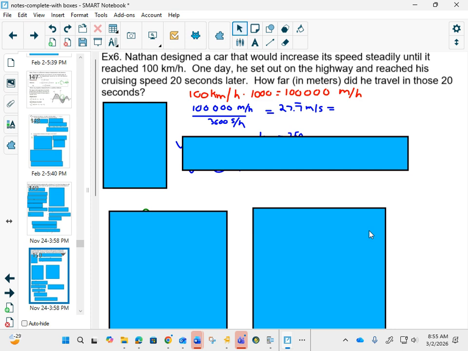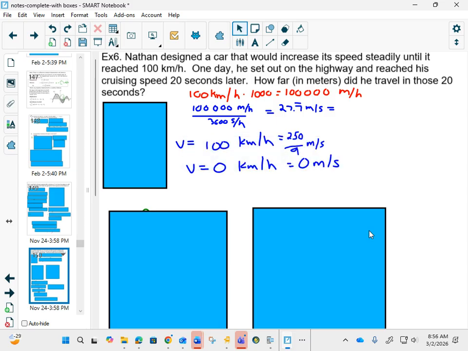Or we can do everything in kilometers per hour and change that. When you change your units really doesn't matter, as long as you make sure that you change them. I'm going to leave that 27.7 as the fraction that I came up with on my calculator. It ended up being 250 over 9 meters per second.